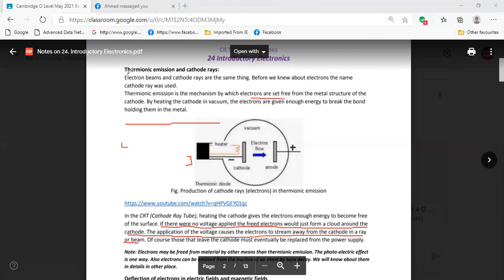Why is it called thermionic emission? Already we got it here, right? Thermionic emission is the mechanism by which electrons are set free. So after you understand all these things, we can go to the next part. Should we go? Are you done?